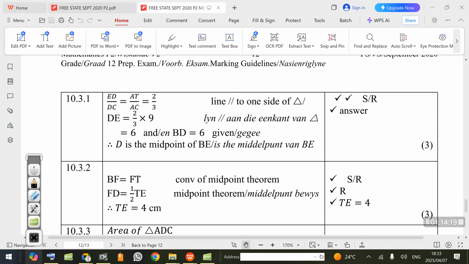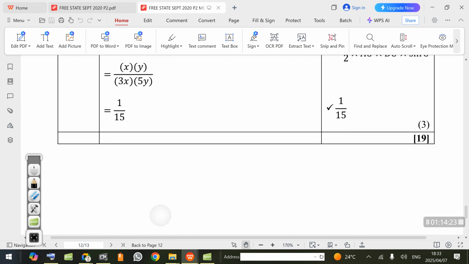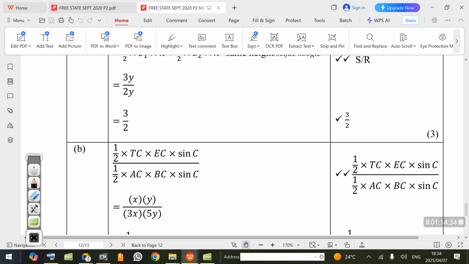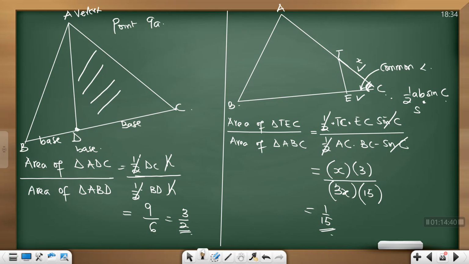Correct. You see, they use different letters, x, y, but the x's would cancel out, the y's would cancel out, and earlier on we got what? 3 over 2. Okay, please let's take note.